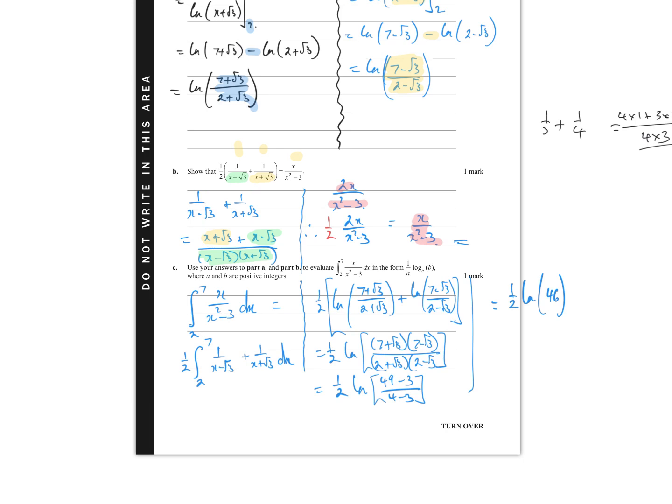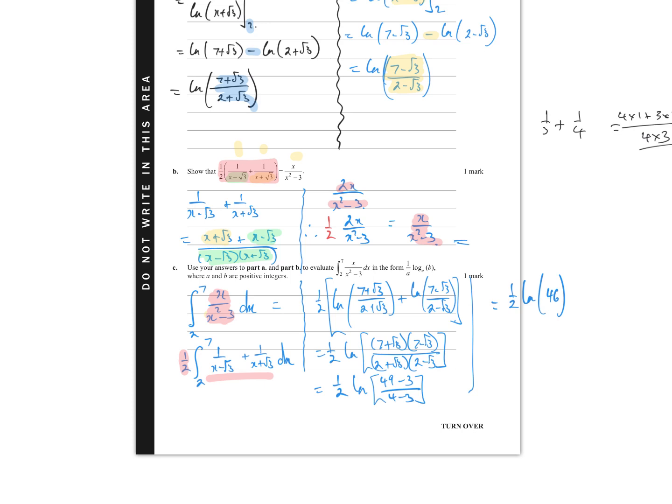So I know that the integral of x over x squared minus 3, this expression here in red, up to b, is equal to that expression. We just showed that. So I'm going to put the half out the front, and I've got that expression there.